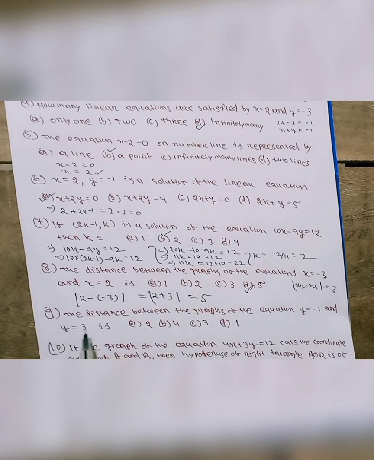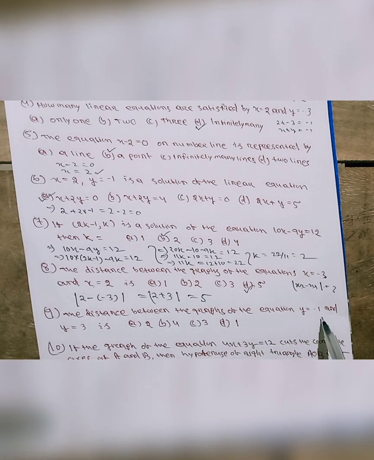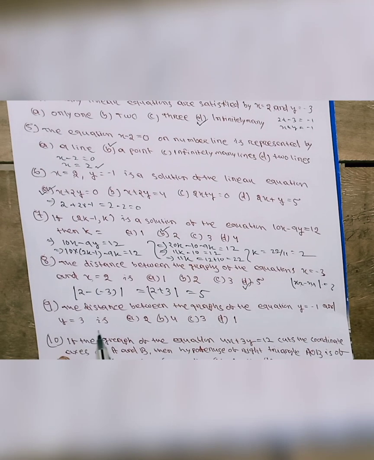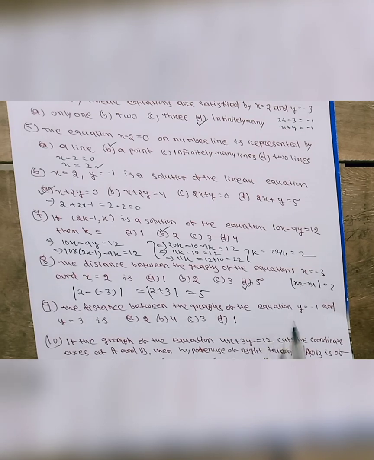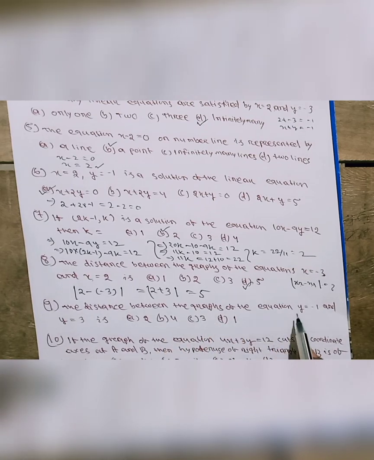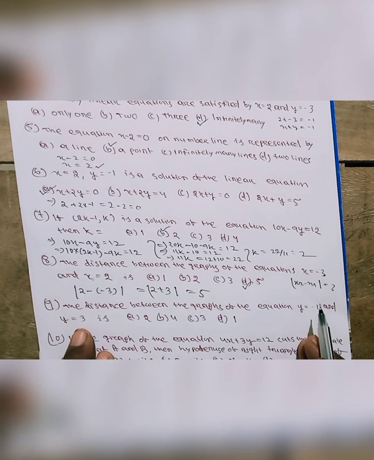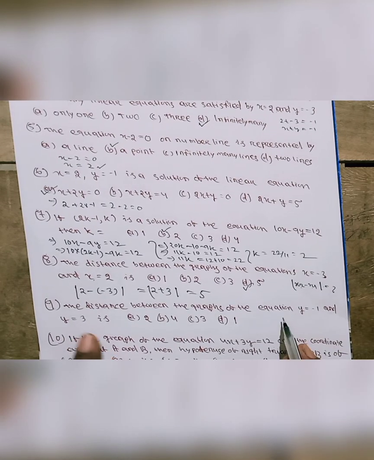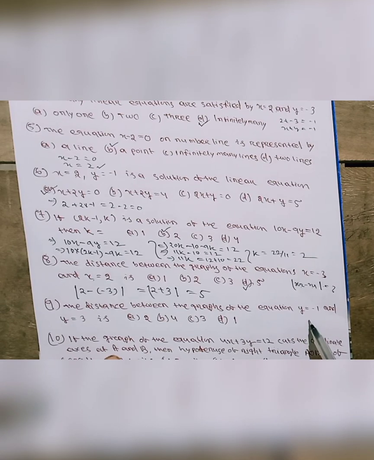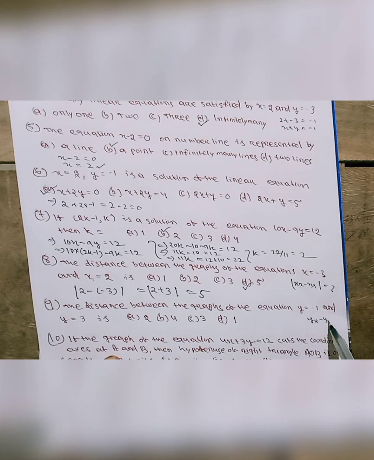Number 9. The distance between the graphs of the equations y equals minus 1 and y equals 3 is dash. Look at the question. Here y equals minus 1, y equals 3. That means 2 points lie on the y axis. When 2 points lie on the y axis, the distance between them is mod of y2 minus y1.